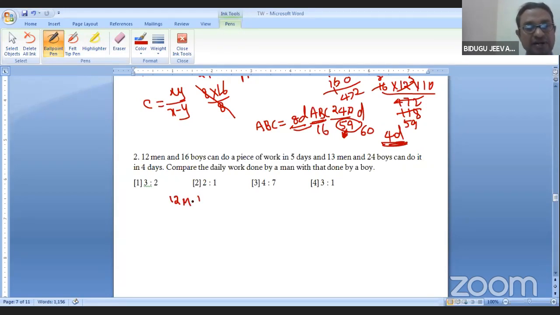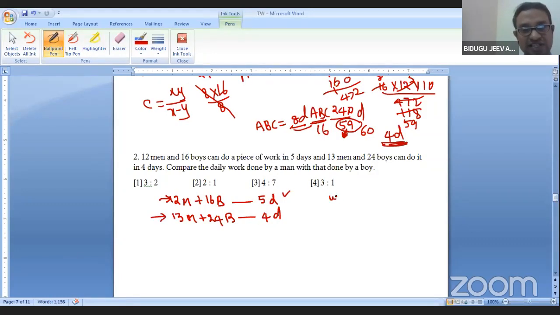12 men and 16 boys can do the work in 5 days. 13 men and 24 boys can do the work in 4 days. This team can do the work in 5 days, and the other team can do the same work in 4 days. That means the work done is equal.